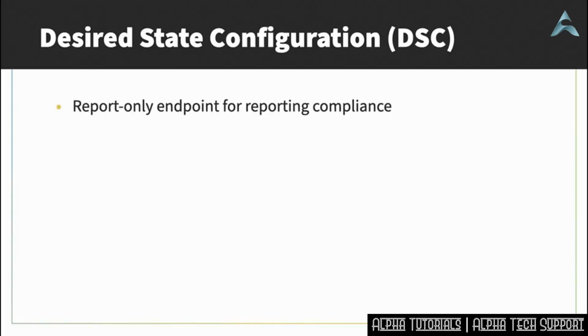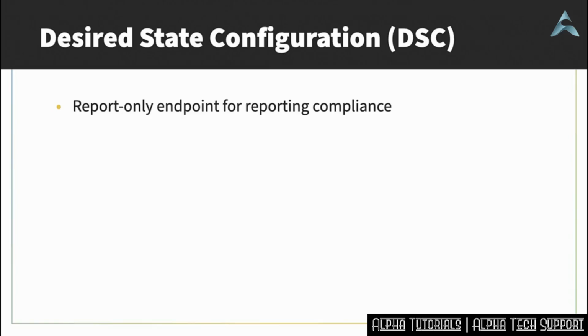Now, desired state configuration can be configured using the Azure CLI, PowerShell, as well as in the Azure portal by selecting the state configuration under configuration management. What we will be doing is using the Azure portal for the desired state configuration.